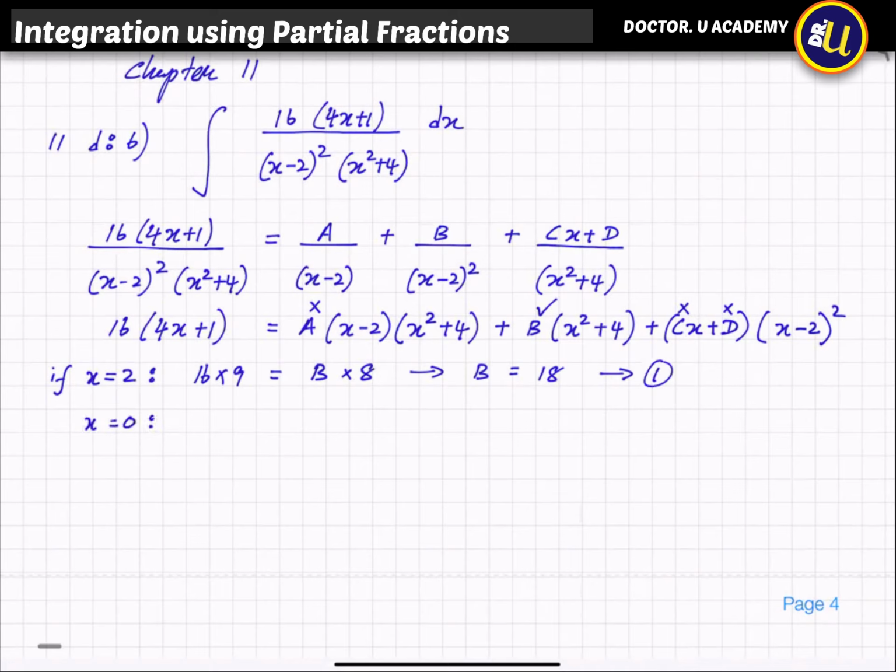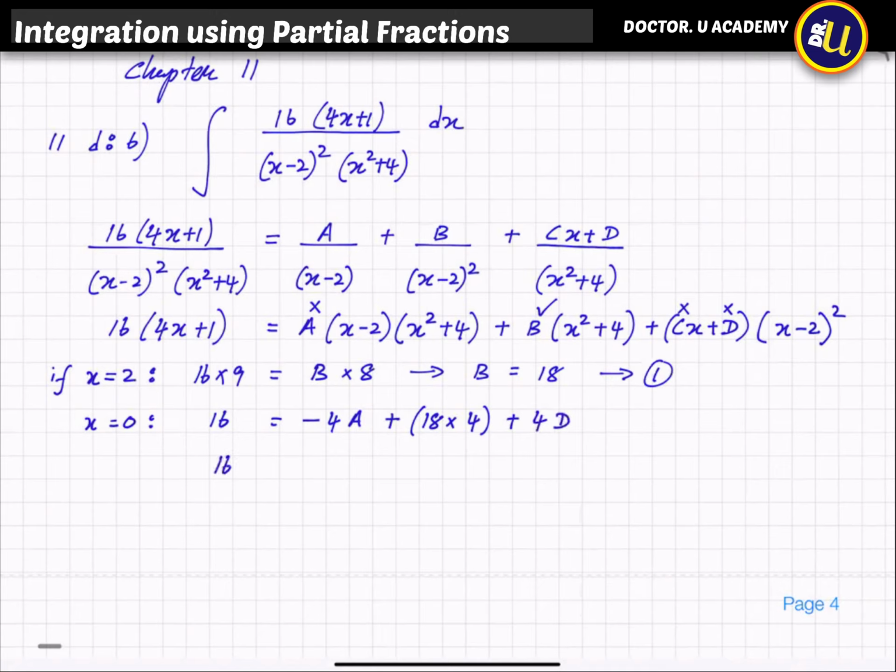When x is equal to 0, left hand side I get 16, right hand side I get minus 2. When it is 0, it's going to be 4. So 4 times minus 2 is minus 4, so it's minus 4a. Then b is 18, so 18 times 4, then plus, now x is 0, so I get d, minus 2 squared is 4, so 4d, right?